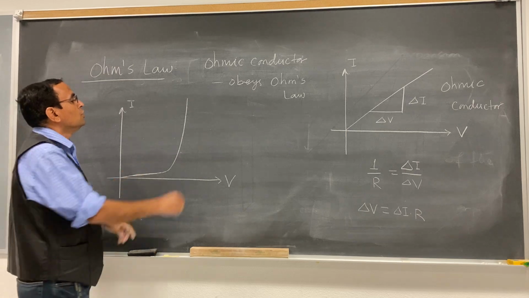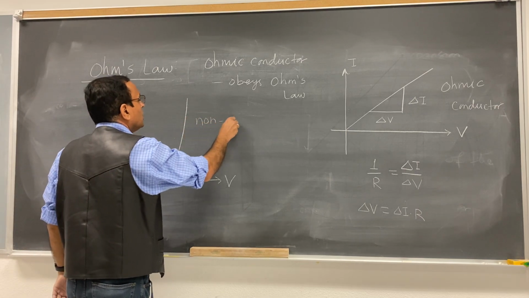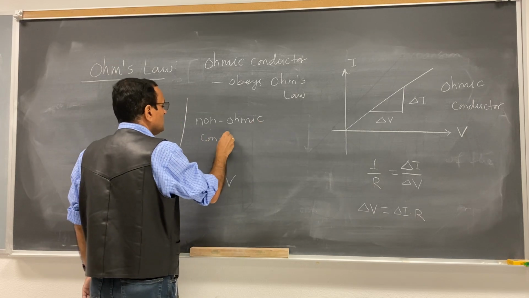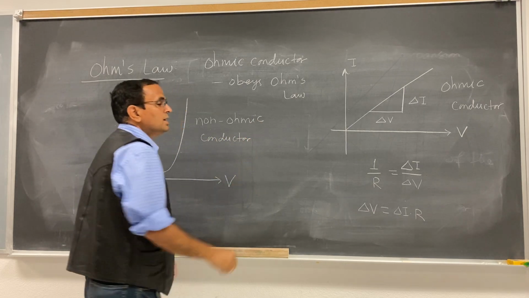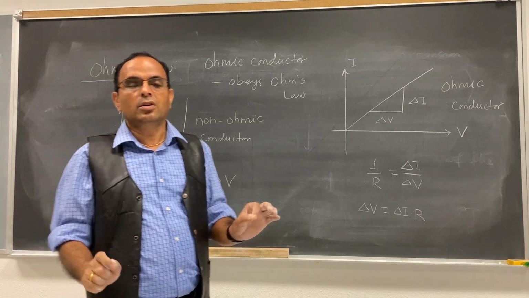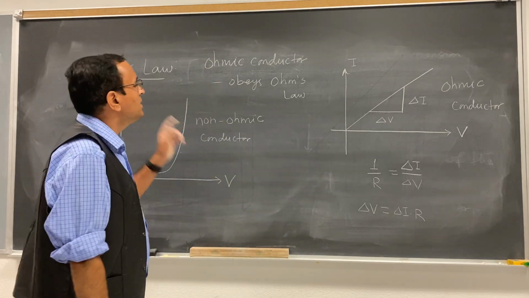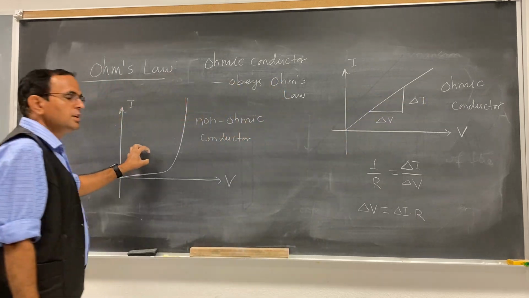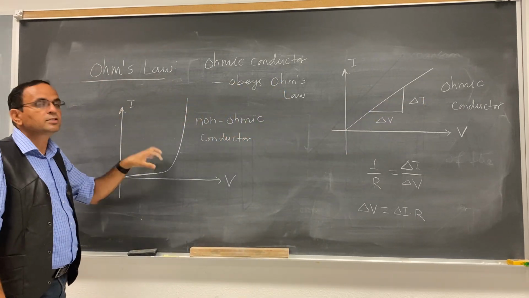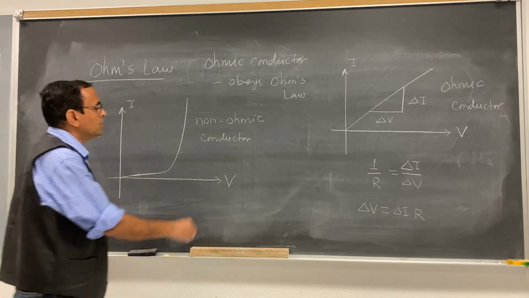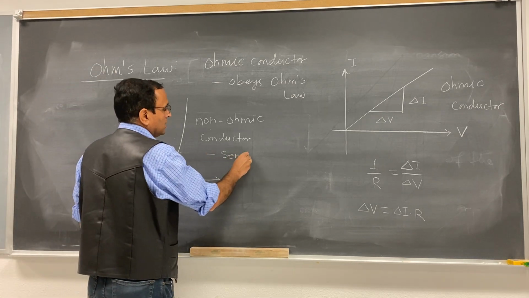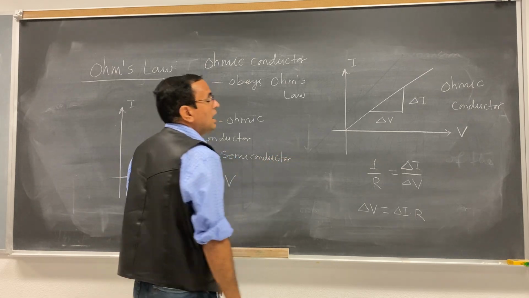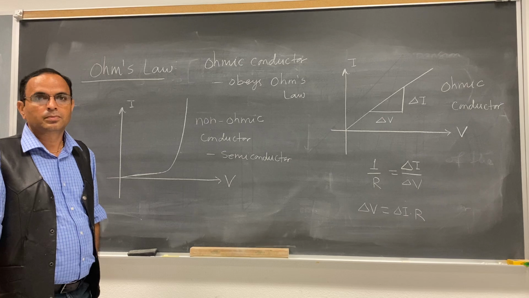So this is a non-ohmic conductor. Non-ohmic conductors do not obey Ohm's law. You cannot apply Ohm's law. If it is an ohmic conductor, you will get a graph like this. If it is non-ohmic, it does not obey Ohm's law, for example a semiconductor. Semiconductors are non-ohmic conductors.